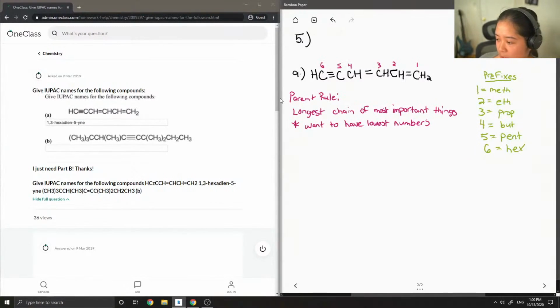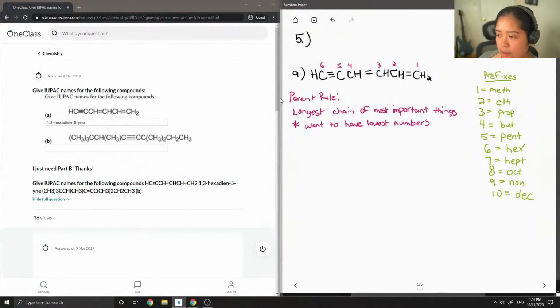I might as well just write the other ones. 7 is hep. 8 is oct. 9, non. 10 is dec. So these are all the different prefixes.